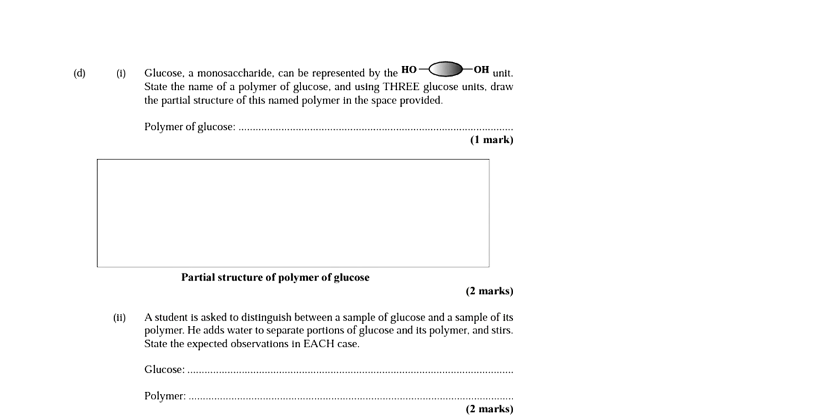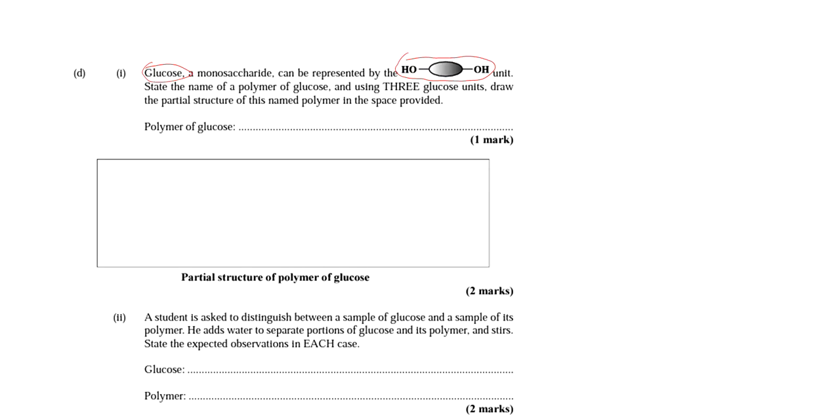Now they said glucose is a monosaccharide that can be represented by this here. At your level, you just use symbols because the actual structure of glucose is very different to this. All we are concerned about is what happens to the functional group, the OH group. Now state the name of the polymer of glucose, and using 3 glucose units, draw a partial structure of this named polymer. So the monomer is glucose, and it's a monosaccharide. So when glucose polymerizes, we end up with starch.